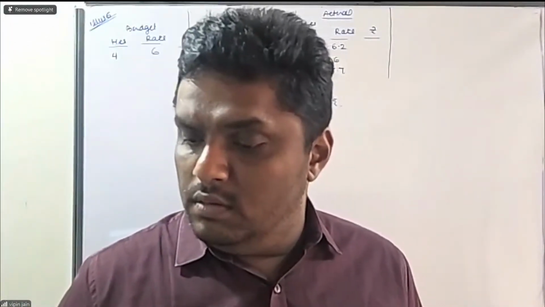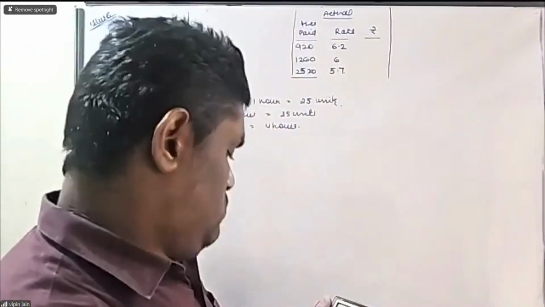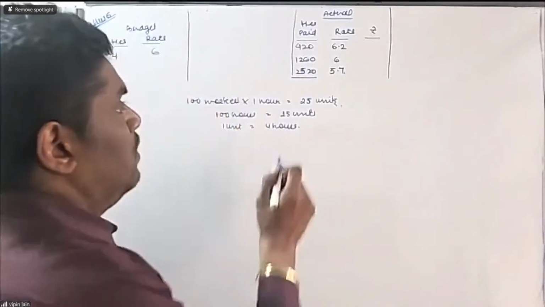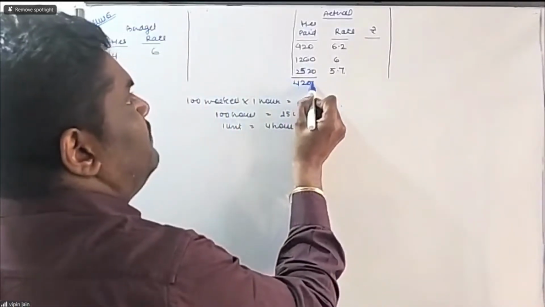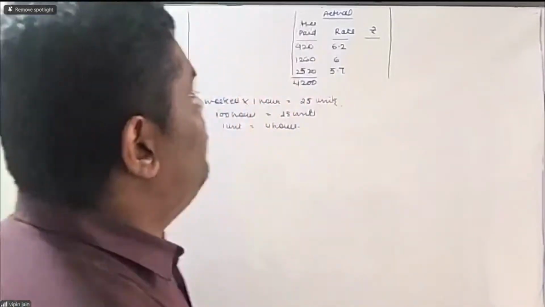So in short, for 4200 hours we worked, and we got output of how much? 1040 units.